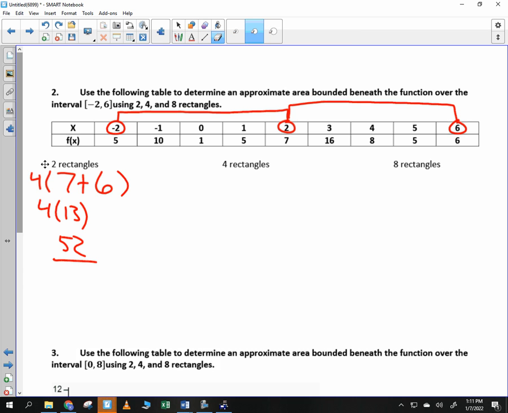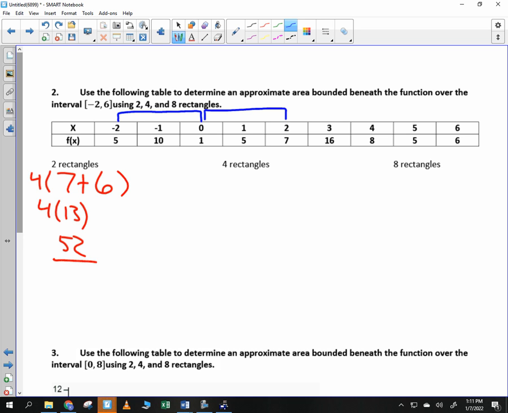I'm going to divide it into 4 rectangles. If I divide into 4 rectangles, what's the width of each rectangle? 2. So I go from -2 to 0, 0 to 2, 2 to 4, 4 to 6. I only do that so I see my spacing properly. 2 units times, where do I evaluate the first height?